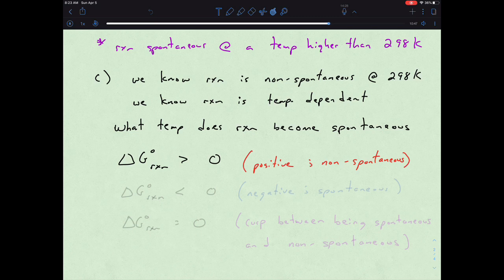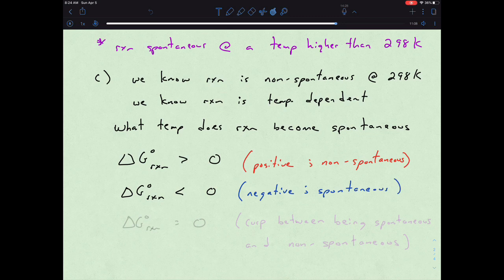If we have, though, a delta G that is negative or less than 0, now we have something spontaneous.